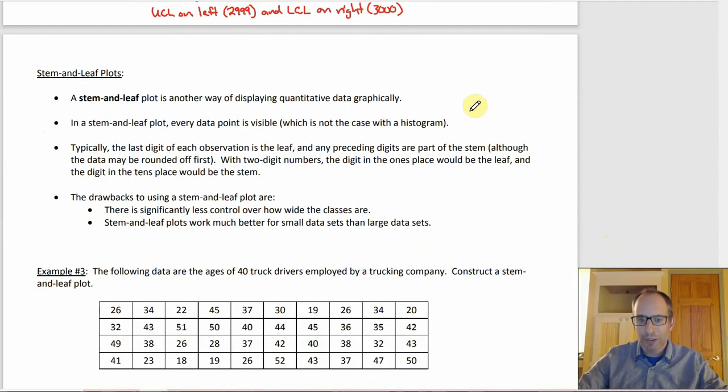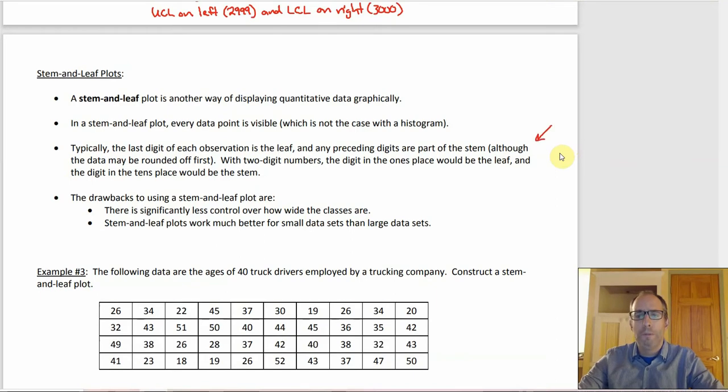The way that you would construct one is that you break every data point into a stem and a leaf. Usually the leaf is the last digit and anything before it is part of the stem, which is basically what it says right there. Although sometimes you round off first, like if the numbers are really long, then for accessibility, you round off, and instead of having it in ones, maybe you have it in thousands or in millions.